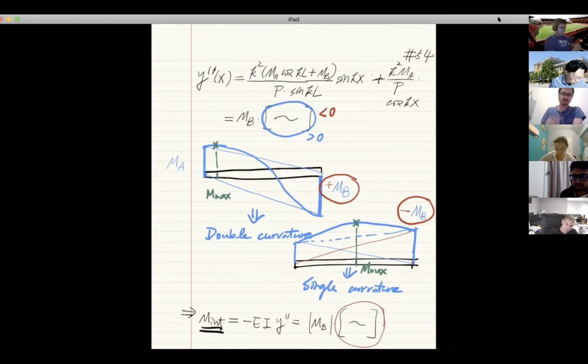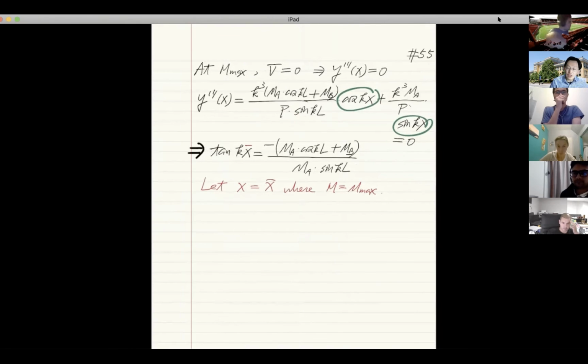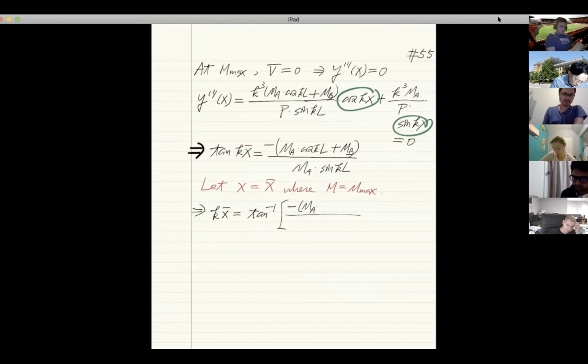Because we already have the expression of y double prime, as long as you know the location of x, you can just substitute the value of x to find the maximum moment. So that's the approach to find the maximum moment. And let's continue finding this value. How do you determine the value of kx? First of all, take the arctangent. So kx bar equals the arctangent of this whole thing, negative of MA cosine kL plus MB, divided by MA sine kL, like this.